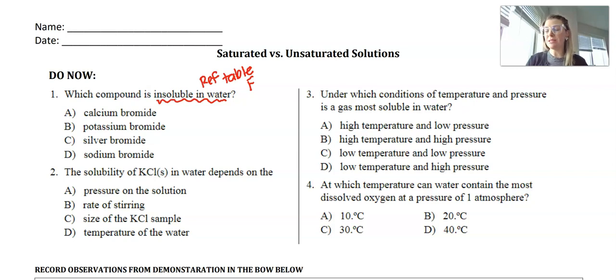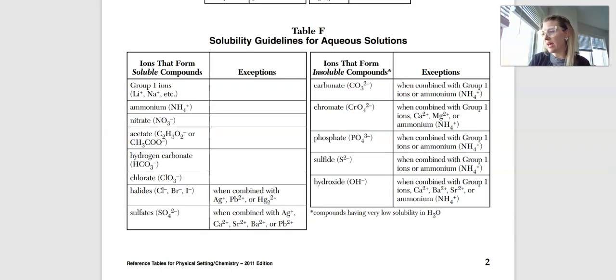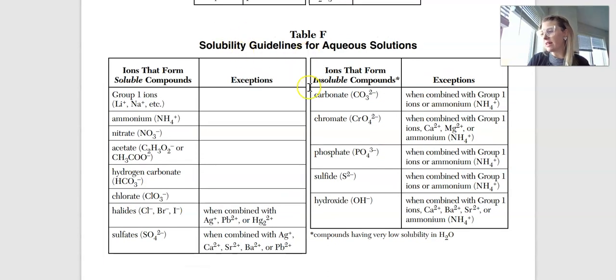So we have calcium bromide, potassium bromide, silver bromide, and sodium bromide. Notice that all of these are bromide, which is going to make our life a little bit easier. So let's go ahead and pop into reference table F. Here we have our solubility guidelines for aqueous solutions, and we are looking for bromide.